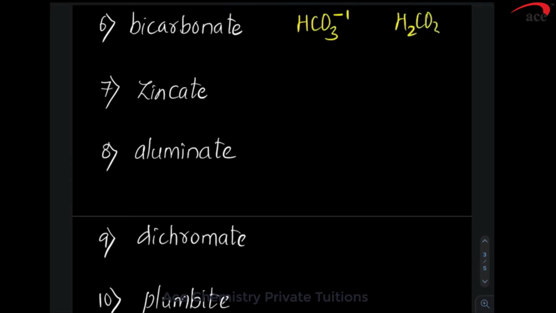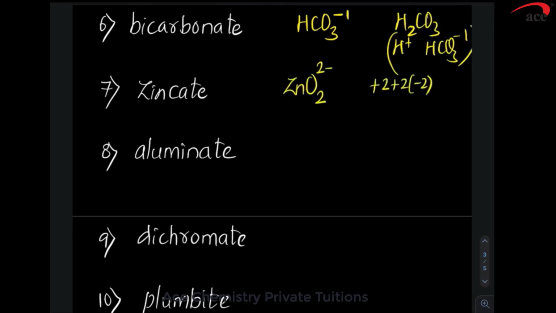Bicarbonate comes from carbonic acid. By loss of 1 H plus, what remains is minus 1. Zincate, ZnO2 2 minus, because zinc has plus 2 charge and 2 oxygens give minus 4, so the charge is minus 2. Aluminate, AlO2 is the anion.